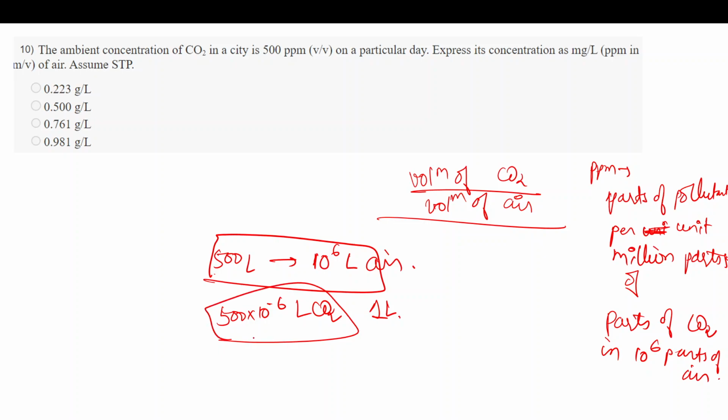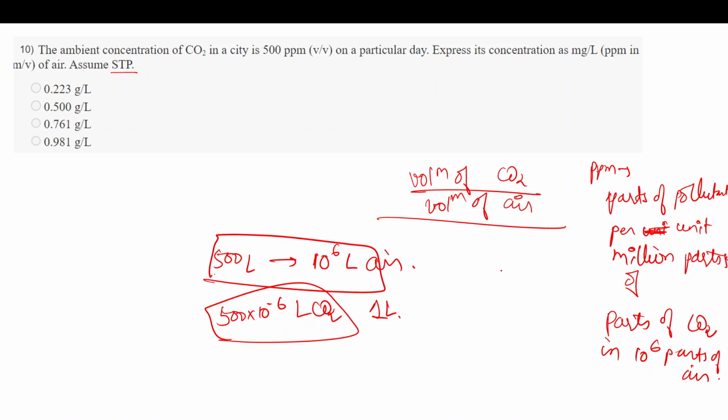Okay, so now you need to find out if this much volume of CO2 is present, what will be the moles or the milligrams of CO2 in that 1 liter of air. So you need to just convert this liter into milligrams. Okay, so first what you can do here, the hint given to you is STP conditions, right? So this means that you can use ideal gas law, where you can convert volume and pressure into moles, right?